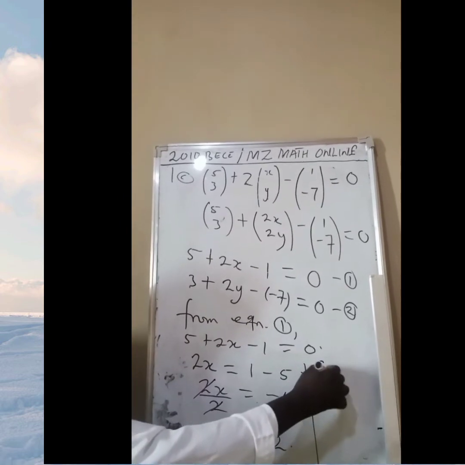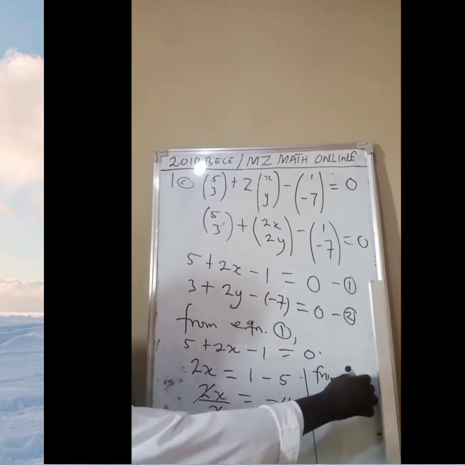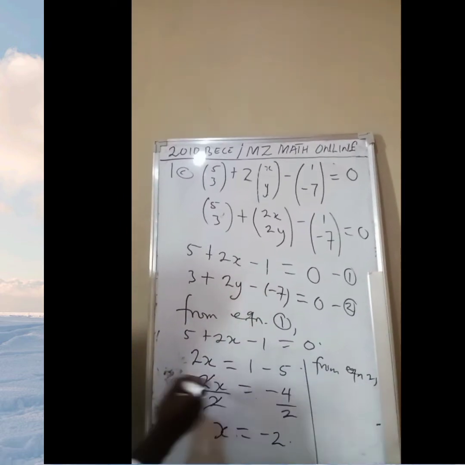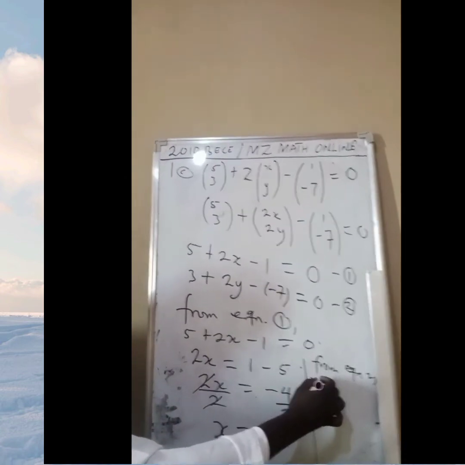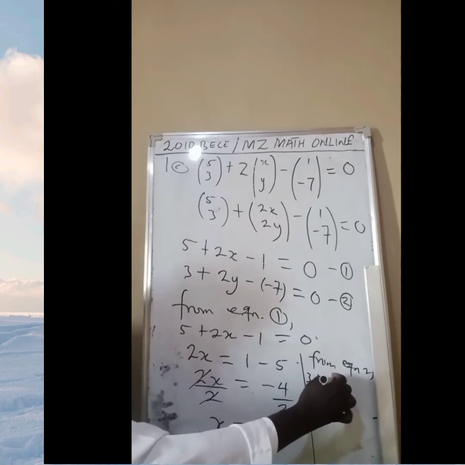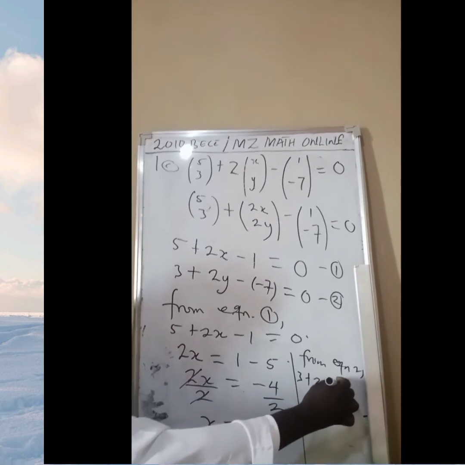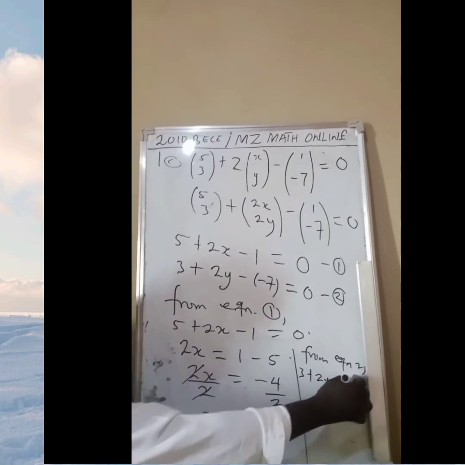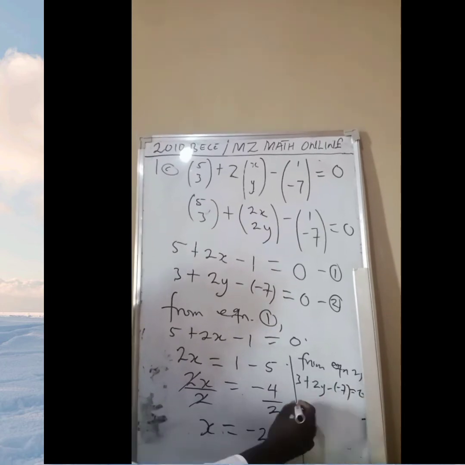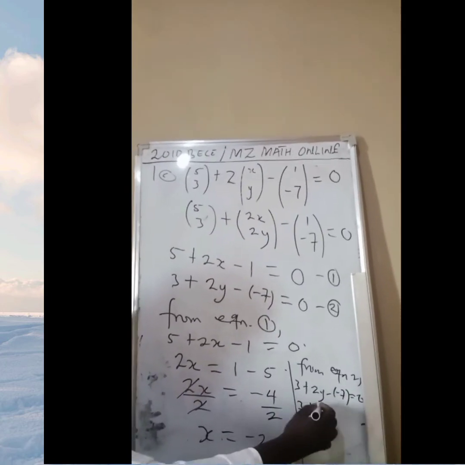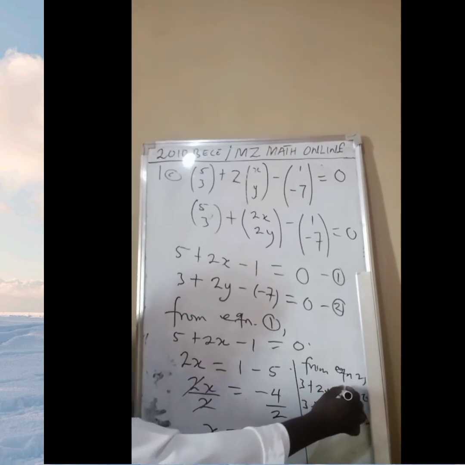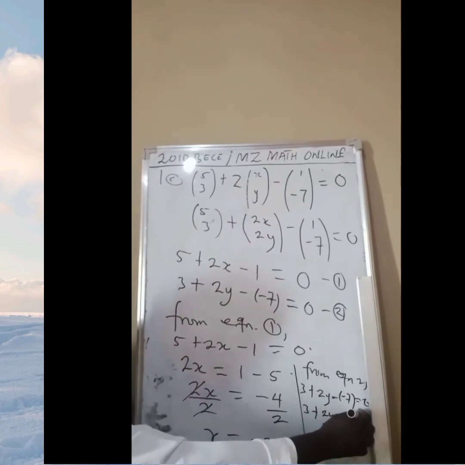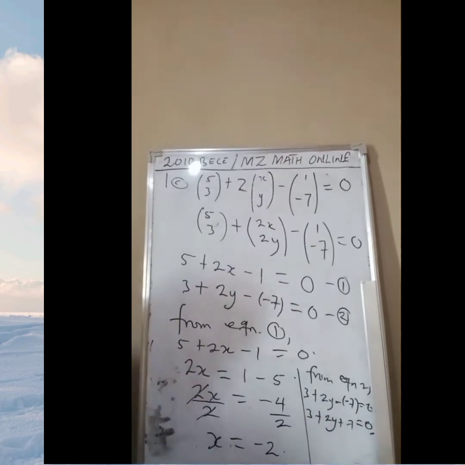Now to find y, we use equation 2. From equation 2, we have 3 plus 2y minus negative 7 is equal to 0. So we have 3 plus 2y, minus becomes plus 7 equal to 0.